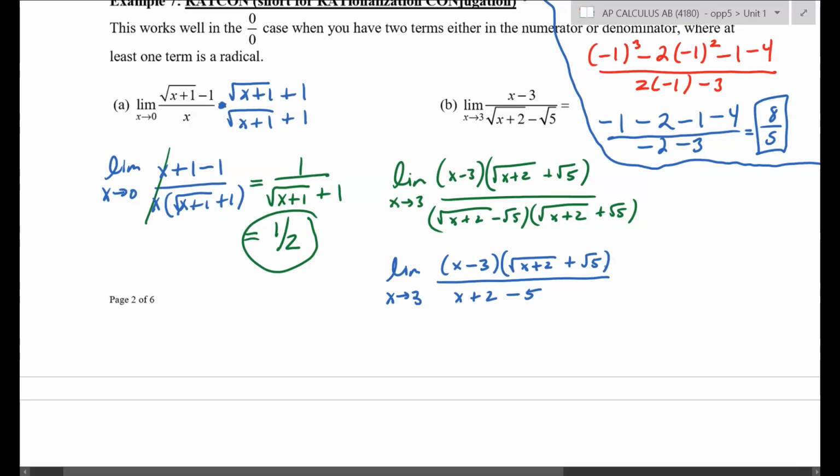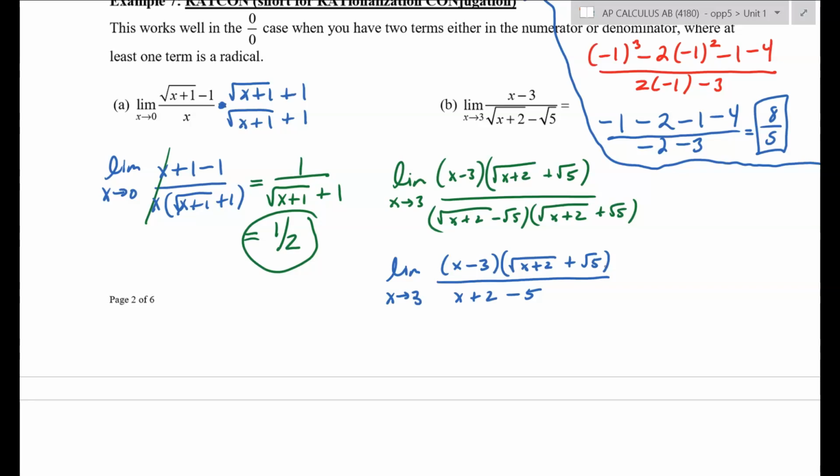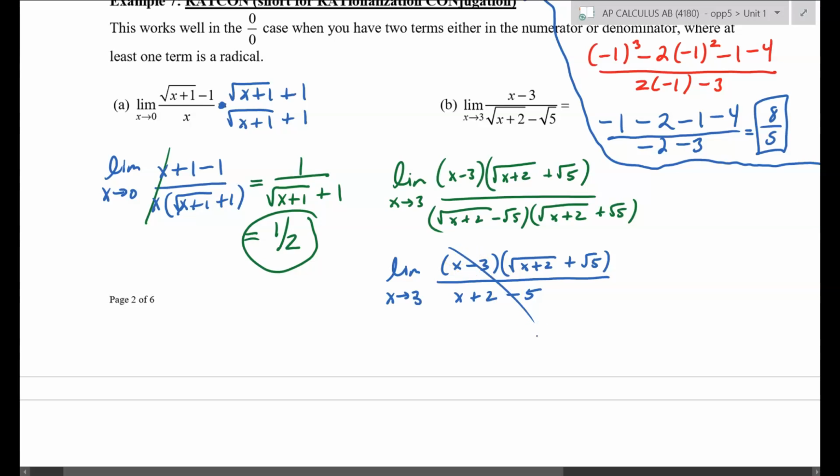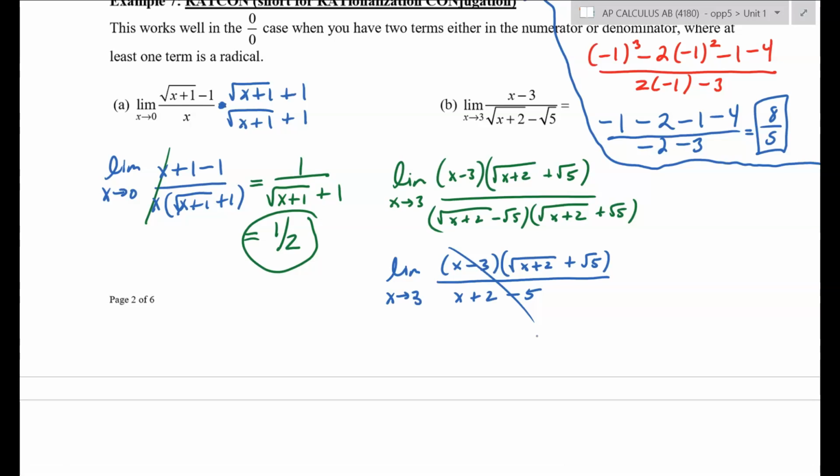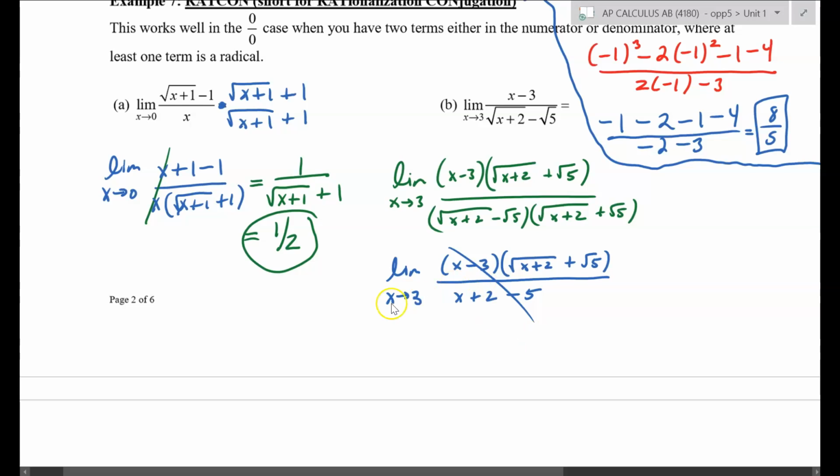What does the bottom become? x minus 3. What's on the top? x minus 3. Those are going to what? Cancel. Well, here's the thing. Even if it is a hole, what are you doing in the next step? Plugging in 3, which is the value of the hole.